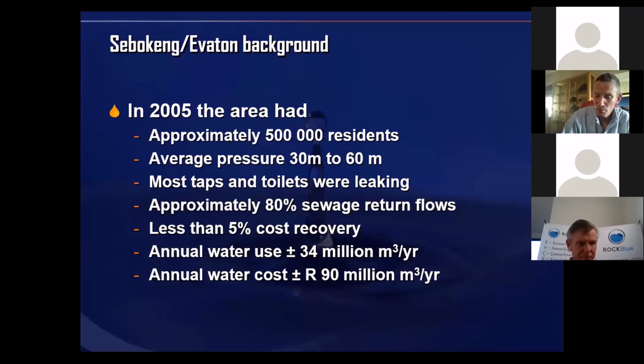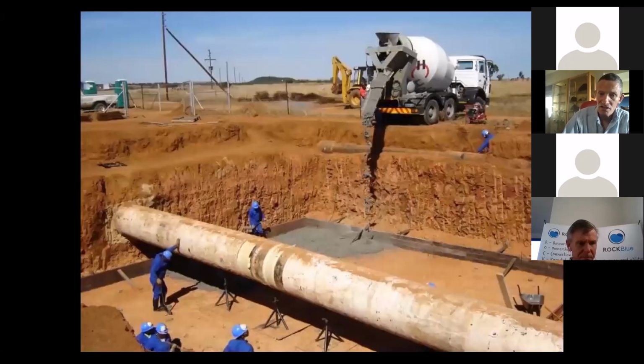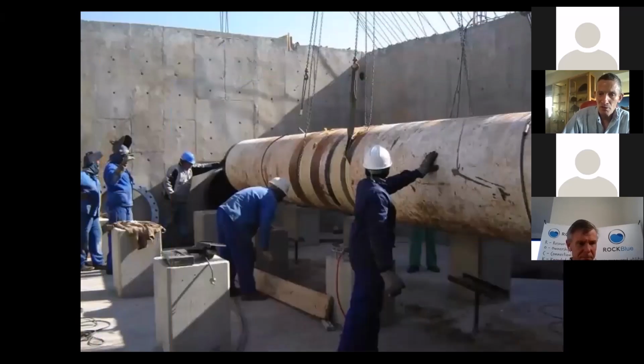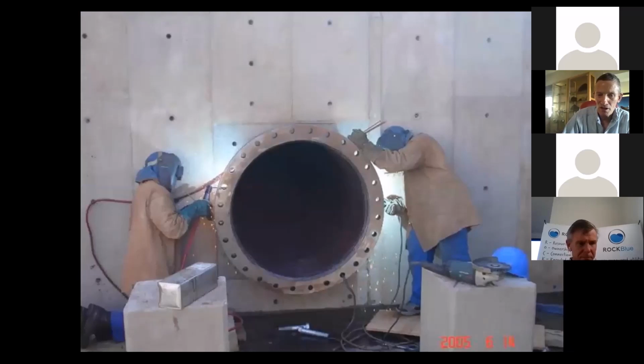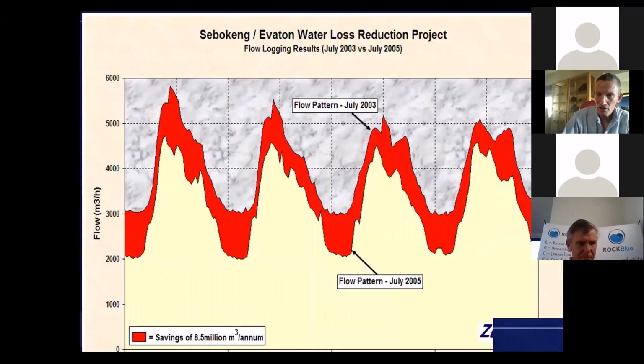It was one of the bigger ones. Again, 500,000 people. Average pressures were about 30 to 60 meters. It had a night flow originally of 2,800 cubes an hour. That's the night flow. That's basically your leakage. That's what it looks like when we designed it and we built it. We had to cut in the big pipe, and we took the big pipe out and put some manifolds on, and then we slotted in the installation. This was all done within an 8-hour period, which was quite, we were going for the Guinness Book of Records on that one.